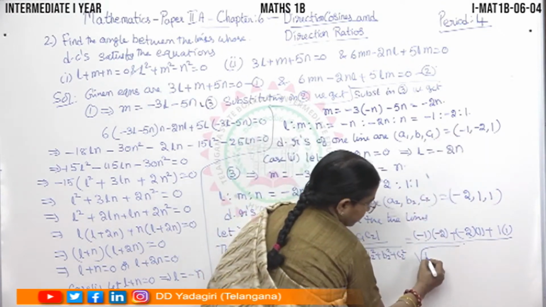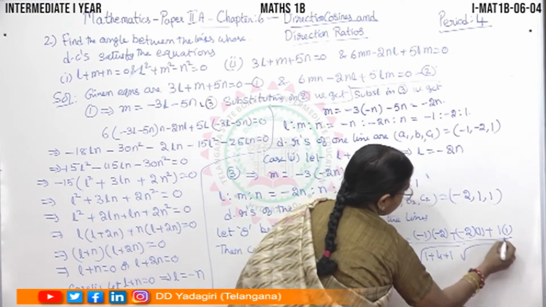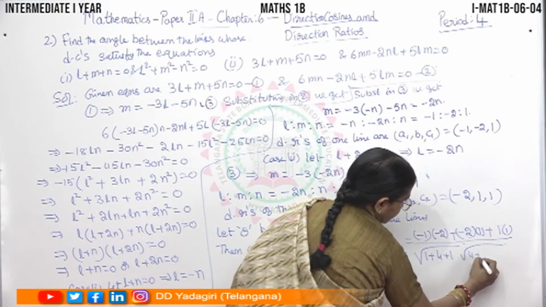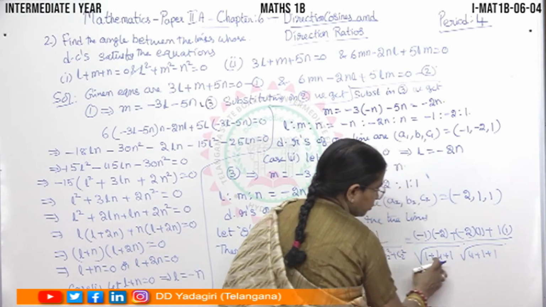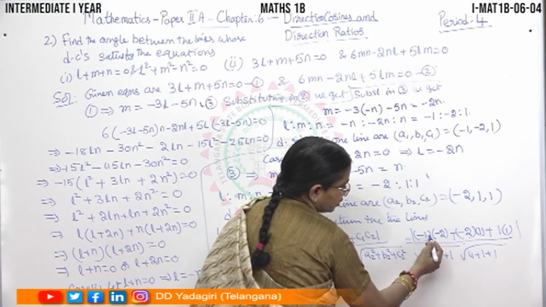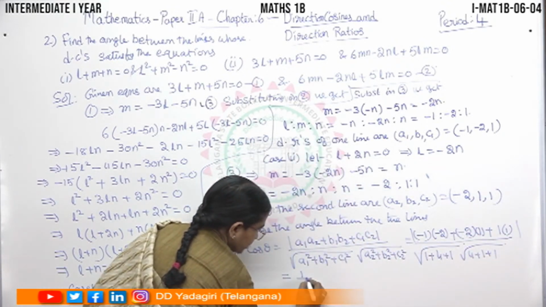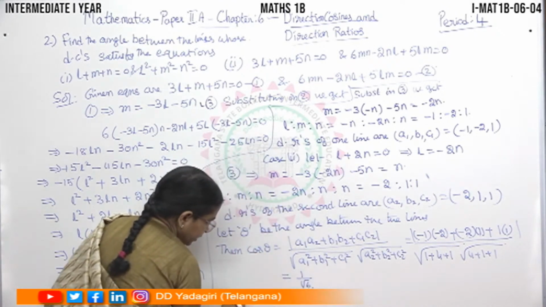minus 1 whole square, 1 plus minus 2 whole square plus 1, like this. Root of, this is again 4 plus 1 plus 1. Root 6 into root 6 is 6. And here this is 2, this is plus 2, minus 2 gets cancelled. So I'll get 1 by root 6. So theta you must find out.